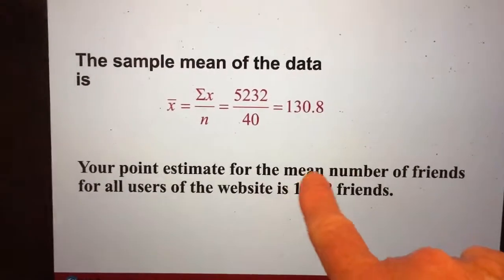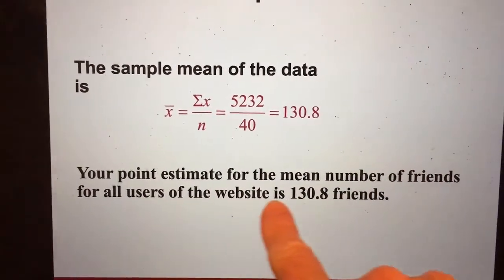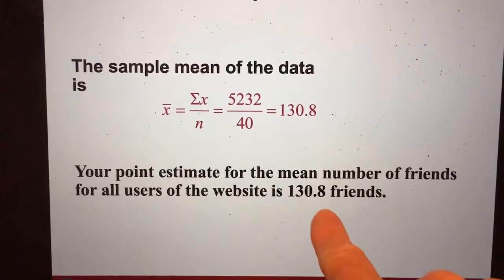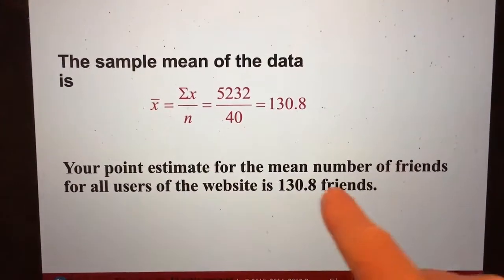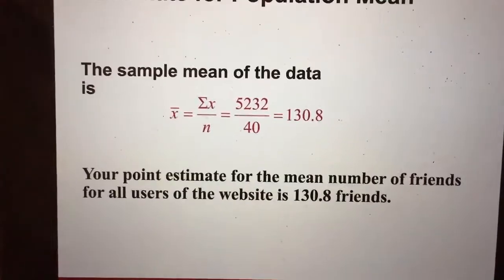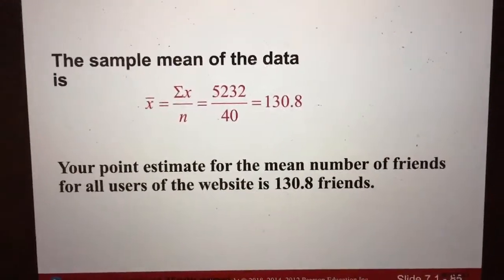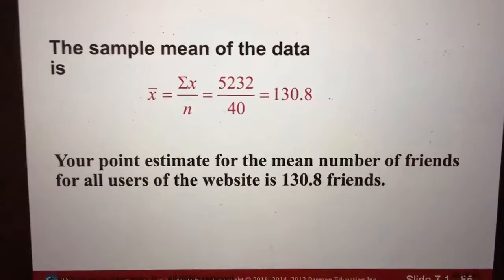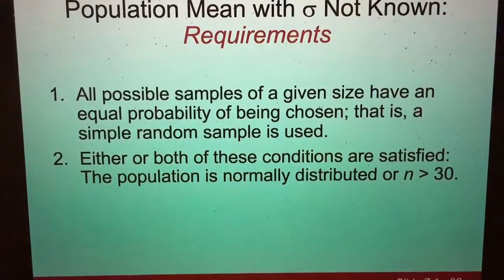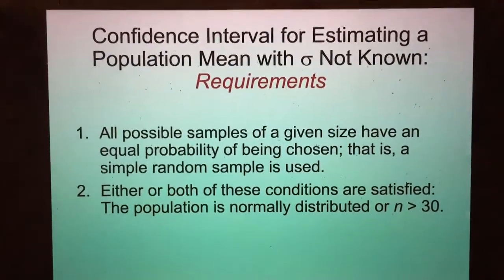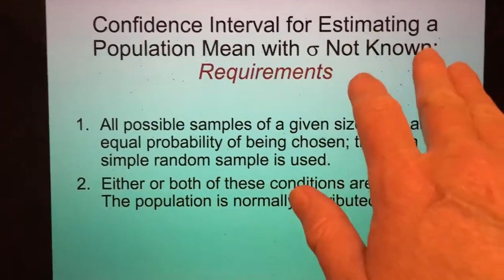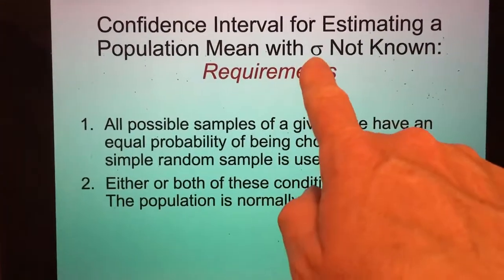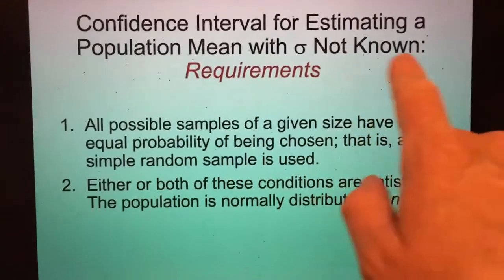Your point estimate for the mean number of friends for all users on the website is 130.8 friends. So we have our x bar. And now what we're going to do for the rest of this thing is look for our true population mean. All right, so now confidence interval for estimating a population mean, where the sigma is not known.